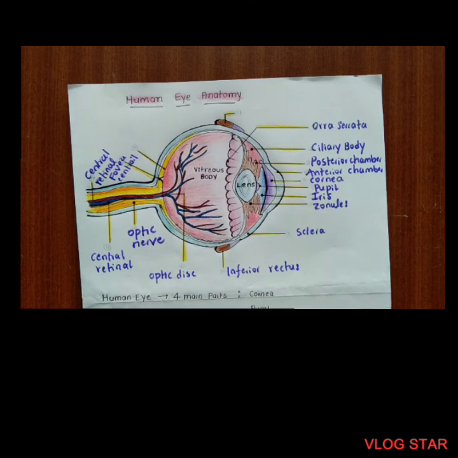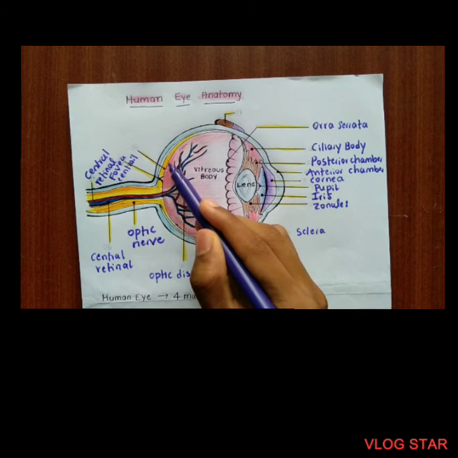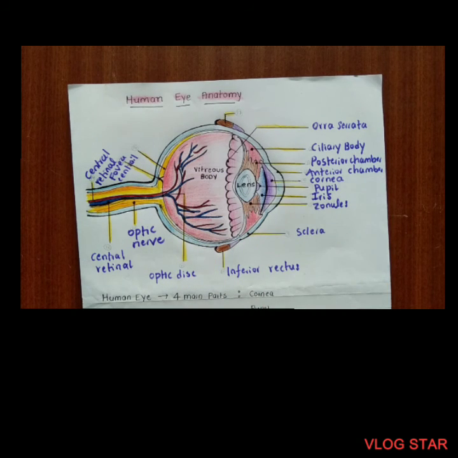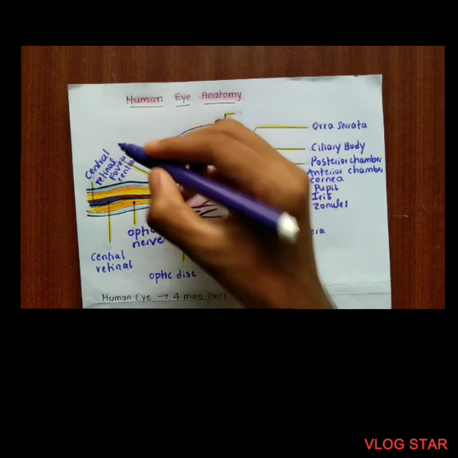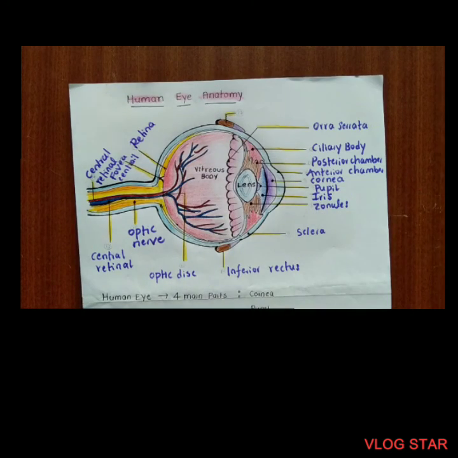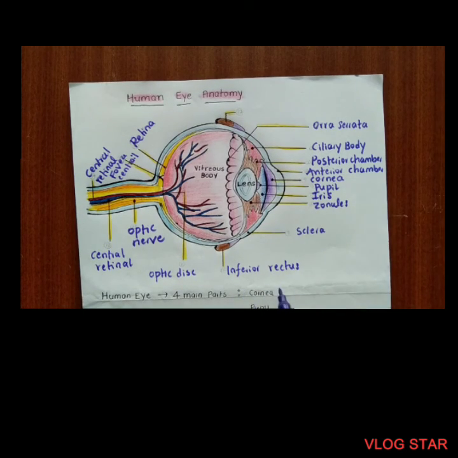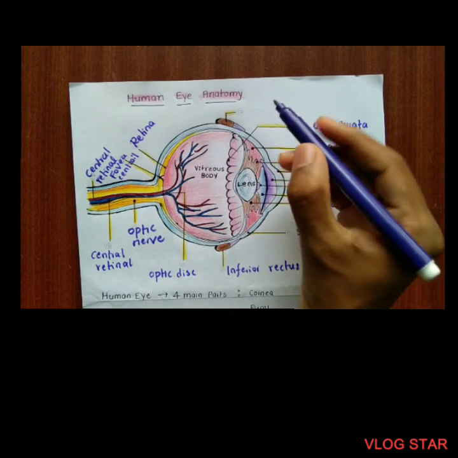This part, it is the fourth layer, it is retina. And the last one, this is inferior rectus, and this is superior rectus.